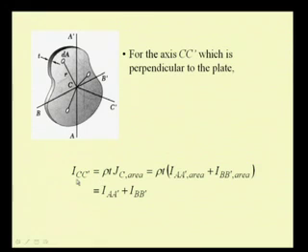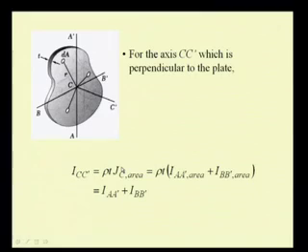Then we can find that this I CC prime, or the second moment of the mass of this plate with respect to this axis CC prime, is equal to rho T J C, that means the polar moment of this area with respect to this axis C prime, and we already have the relation between the polar moment of the area and the rectangular second moments of the area.